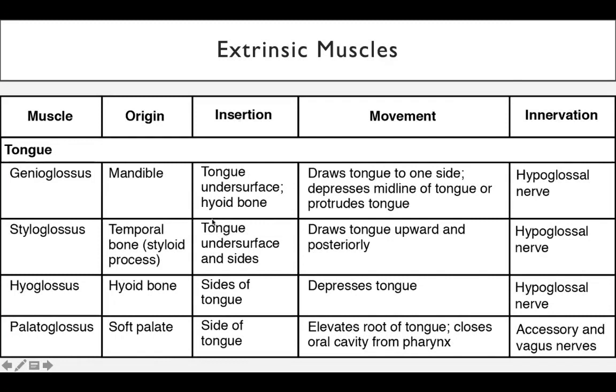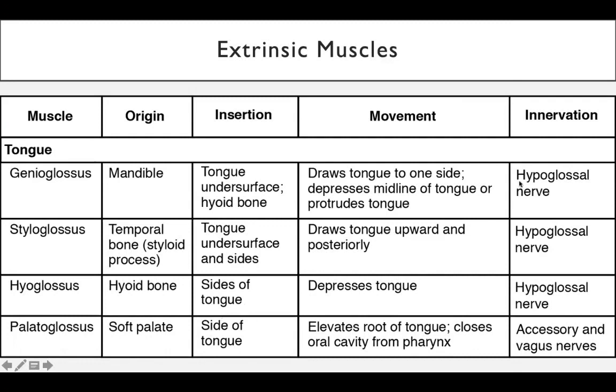Hyoglossus and palatoglossus are very easy. Origin is from the hyoid bone, and palatoglossus came from the palate, so it originates from the soft palate, right? And both are inserted to the side of the tongue.